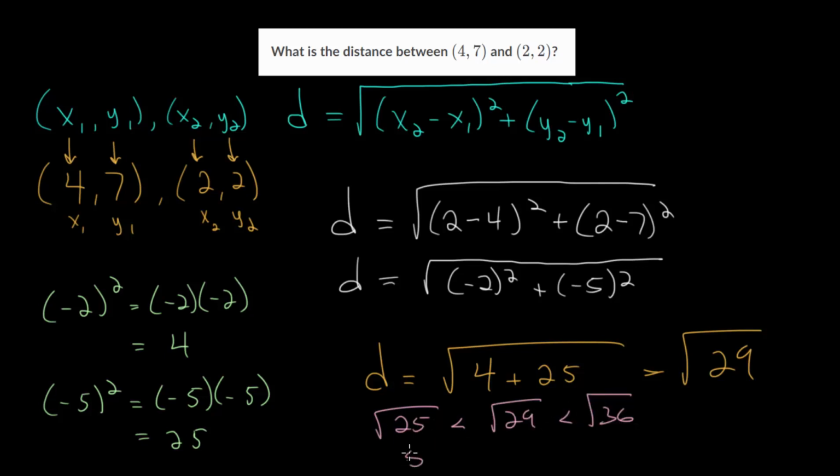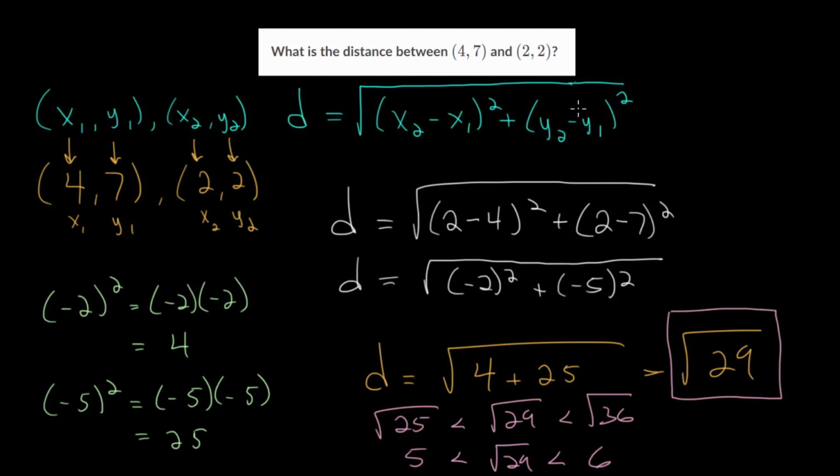Whereas the square root of 25 is 5, and the square root of 36 is 6. So it's between these two numbers, and since it's not a whole number, we know this is an irrational number. And this can't be simplified further, so this is actually our final answer.